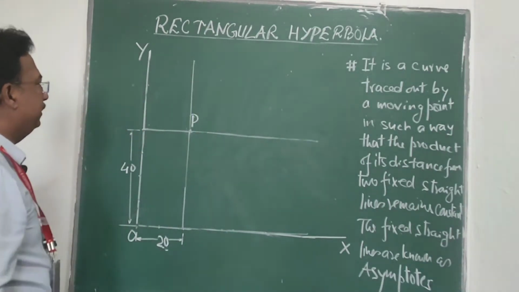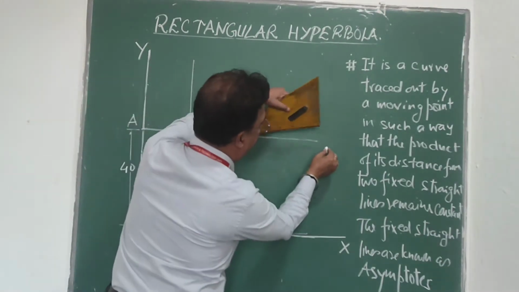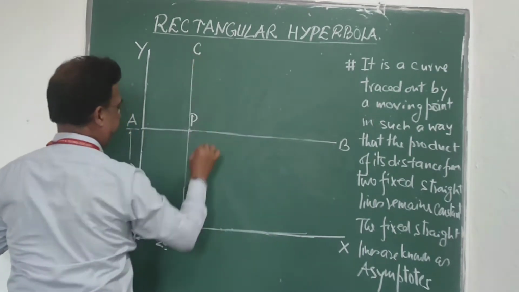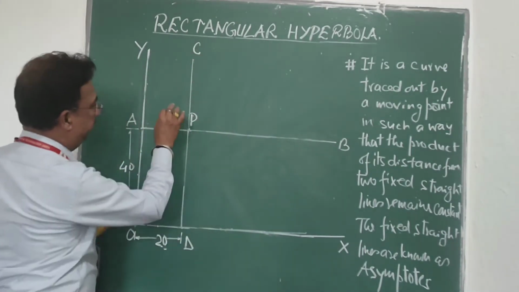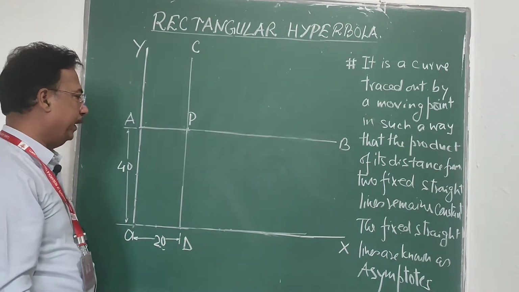Maybe we can name these two lines AB and CD, suppose. So CD will be perpendicular to OX and AB will be perpendicular to OY.